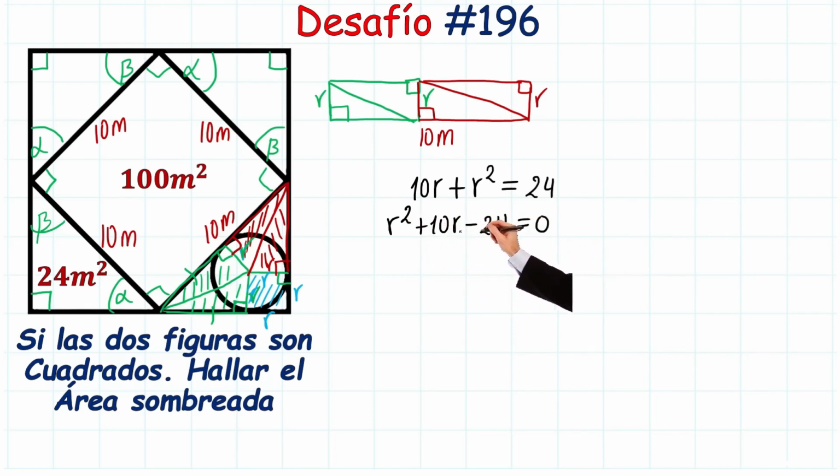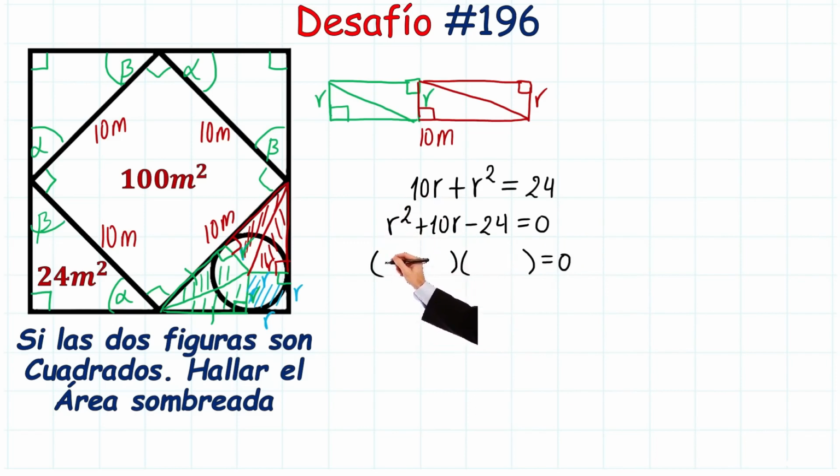We have a quadratic equation that we can solve with the general formula or by factoring. In my case, I am going to factorize because it seems to me that it is the easiest. So, in each parenthesis, we will put the square root of this term, which is r. In the first parenthesis, we will put this sign. And in the second parenthesis, the multiplication of these two signs.